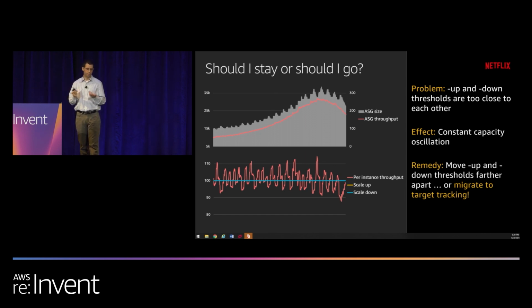Well, so the remedy is to move the scale-up and scale-down thresholds far enough apart. And again, if you have a step scaling setup, that's very important. Or just use target tracking that doesn't have any of these problems, and it takes care of it automatically.